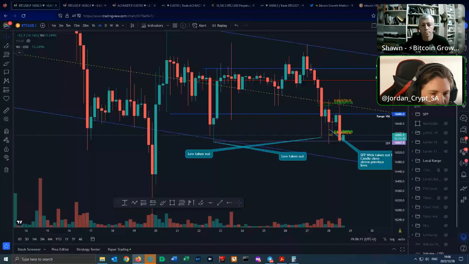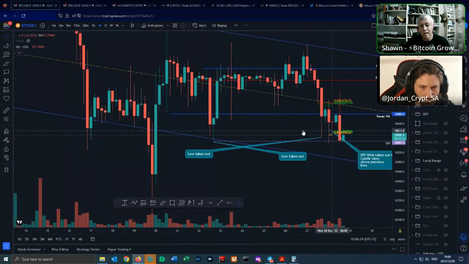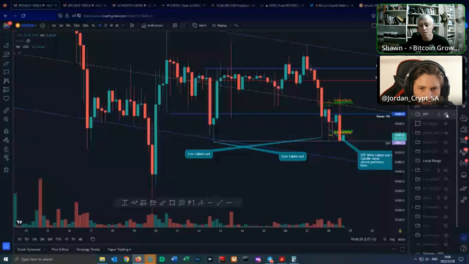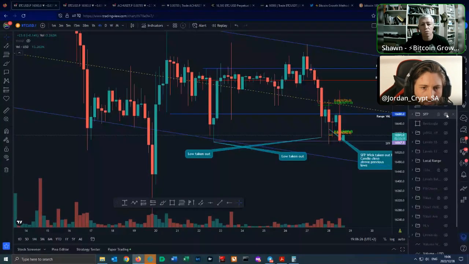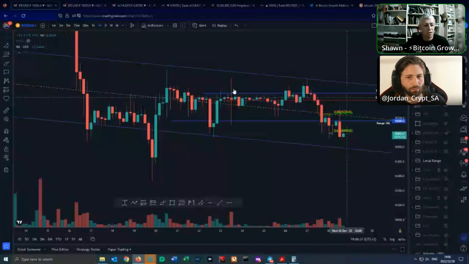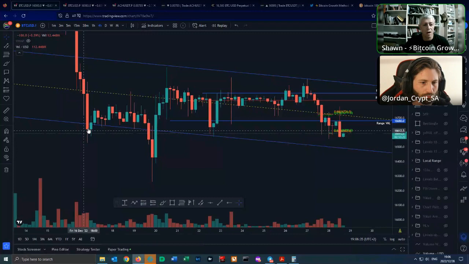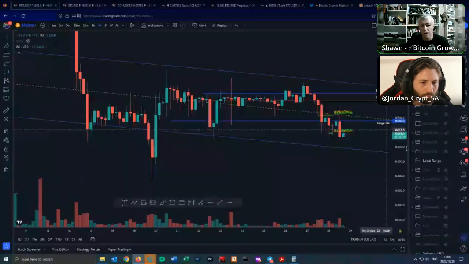But yeah, that's perfect. So let's have a look at that. Awesome. There you can see that purple line, that SFP. That's the last low that it took out for me, and I look at it then on a smaller time frame. So it's always good to zoom out, because if we just get stuck on this range, I mean, Bitcoin's been trading in this range now since the 16th of December, and it's been a very, very tight range.